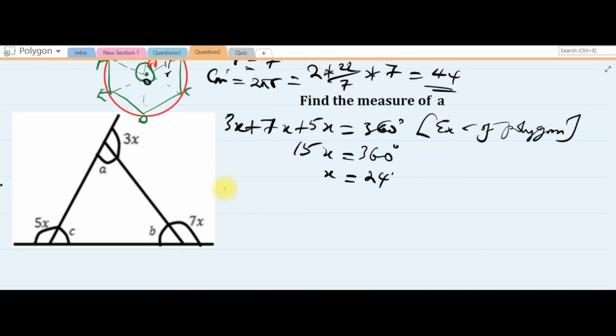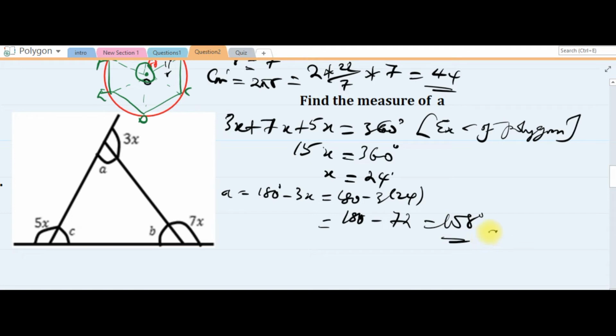But we're asked to find A, not x. We notice that A must be 180 minus 3x by the linear pair postulate. That's angles on a straight line, which is 180 minus 3 times 24, which is 180 minus 72, which is now 108.